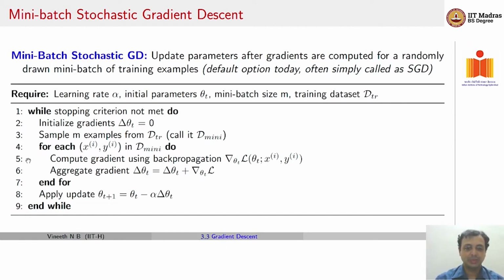Algorithmically, the parameter update once again went out of the loop, but this time you're not going to aggregate gradients for the entire training data set, only for one mini batch, which you denote as B mini, and you average the gradient only for that mini batch.